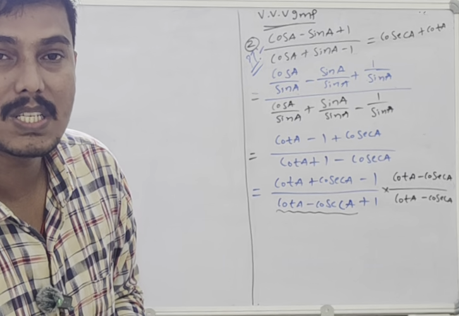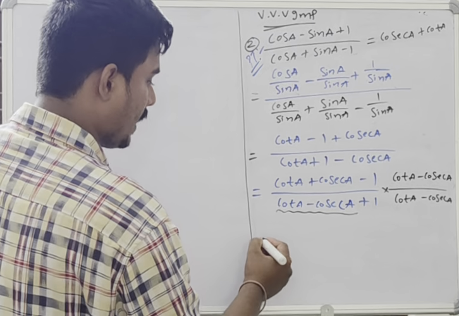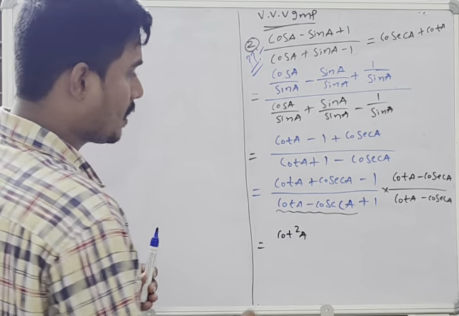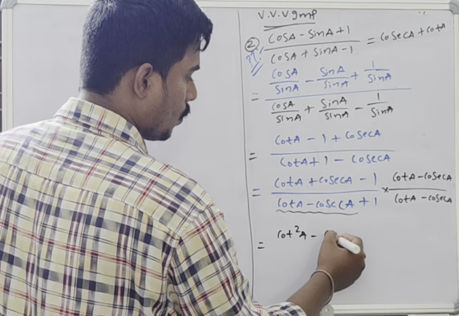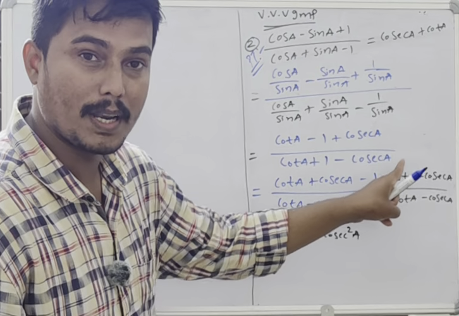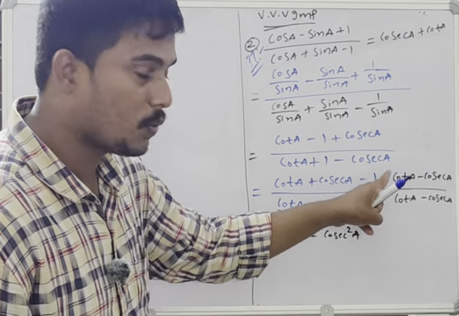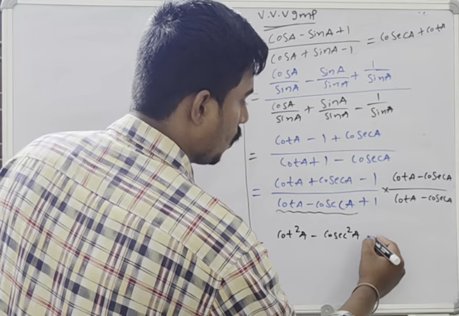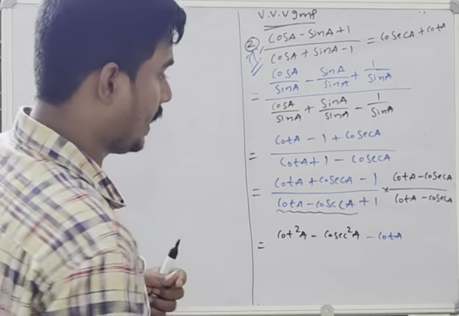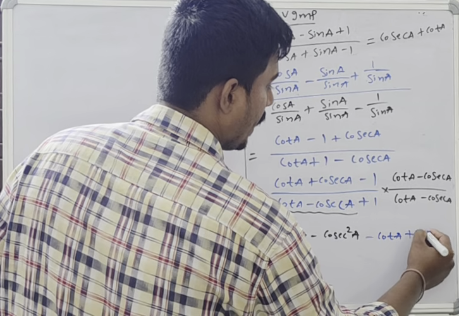So let us write cot square A minus cosecant square A. Now this minus 1 is also multiplying this whole. So what is minus 1 into cot A? Minus cot A. What is minus 1 into minus cosecant A? Plus cosecant A.